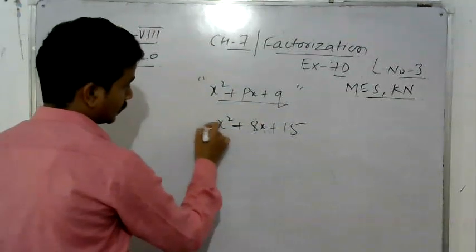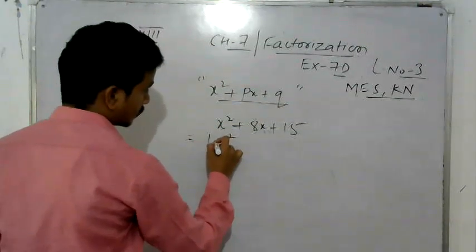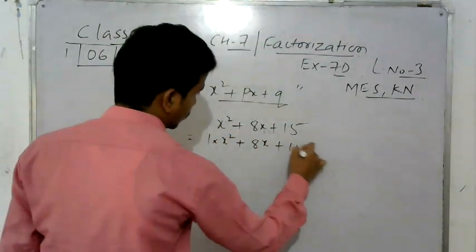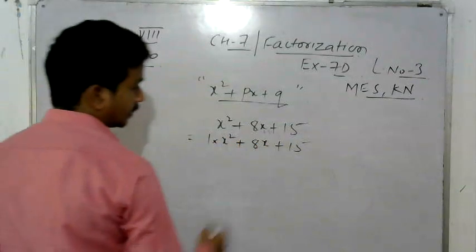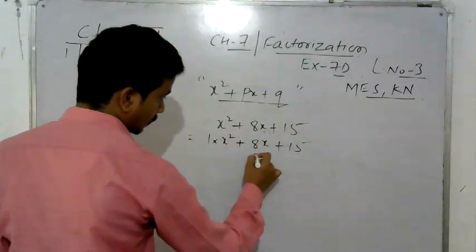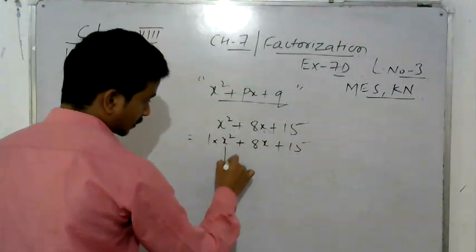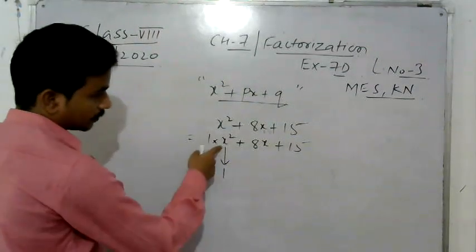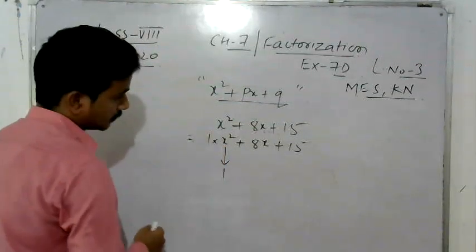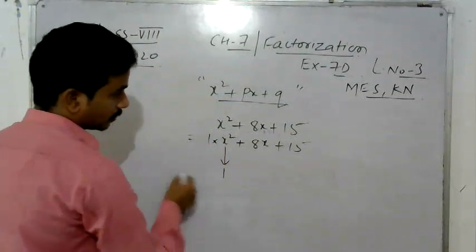Okay, so we know that this can be written as 1 into x square plus 8x plus 15. So we have to find two numbers whose sum is... so what is the coefficient? Coefficient of x square is 1. Coefficient means the number which is multiplied with the variable, that is called the coefficient.